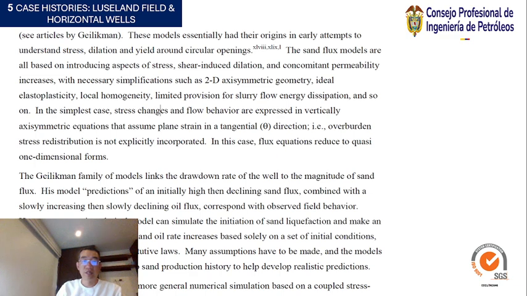However, no semi-analytical model can simulate the initiation of sand liquefaction and make a priori predictions of sand flux and oil rate increase based solely on a set of initial conditions.